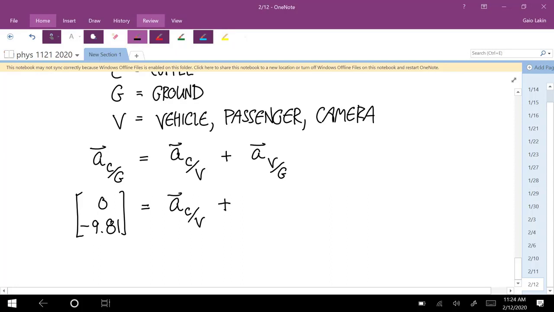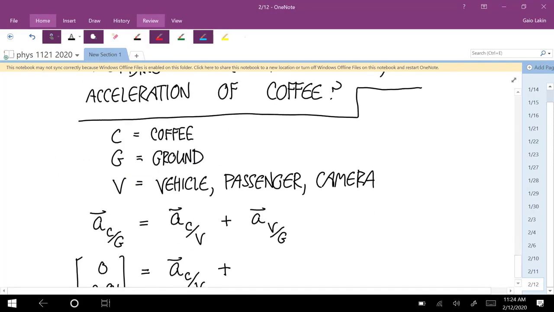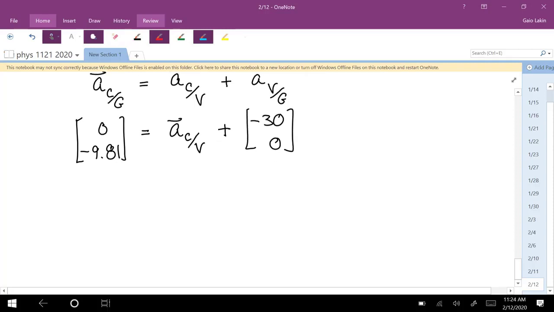Do we know the acceleration of the vehicle relative to the ground? Yeah, we're given that it has a magnitude of 30 meters per second squared. We know it's in the negative x direction. So this is negative 30, 0. And so now just solve for this variable.